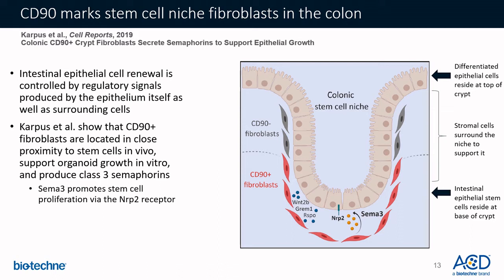So in this particular paper from Amsterdam University Medical Center, Olga Karpus and fellow scientists show that CD90-positive fibroblasts are located in close proximity to stem cells in vivo, support organoid growth in vitro, and produce class 3 semaphorins.